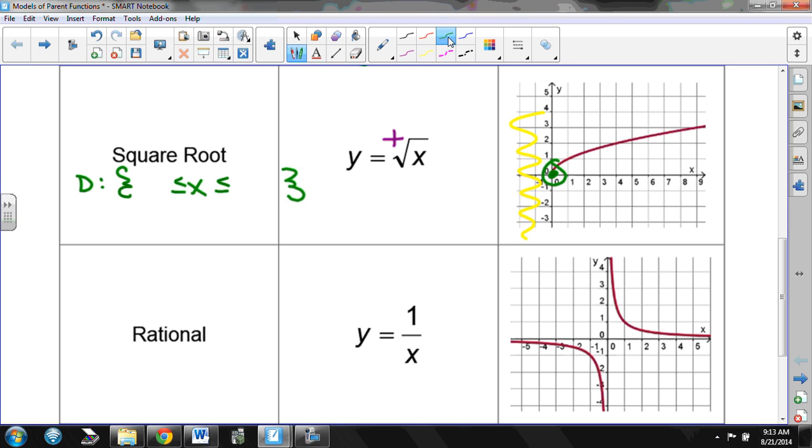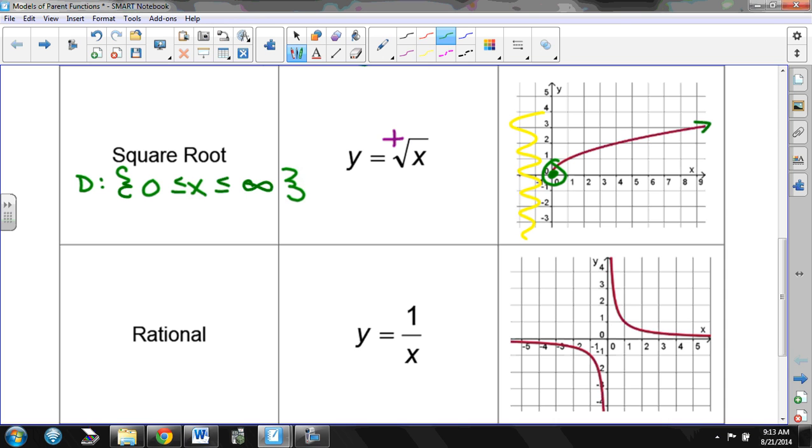So the furthest to the left we move is when x equals 0. How far right can we go? We can go as far right as we want to. So the domain of the square root parent function is x has to be greater than or equal to 0.